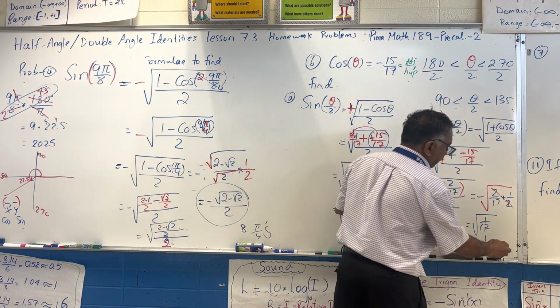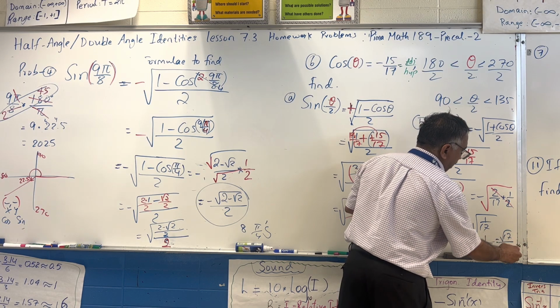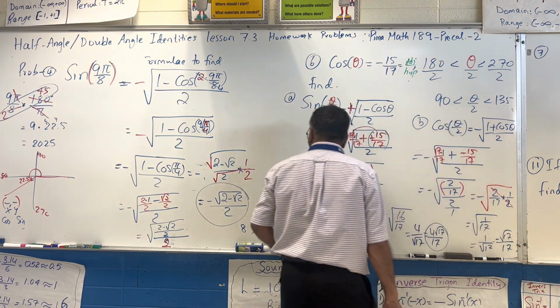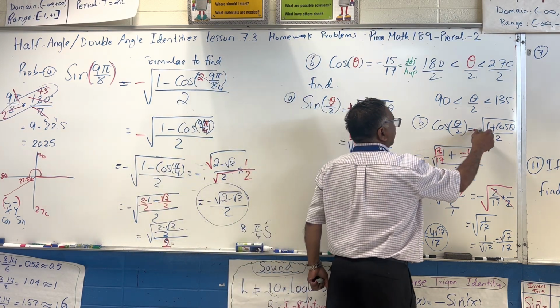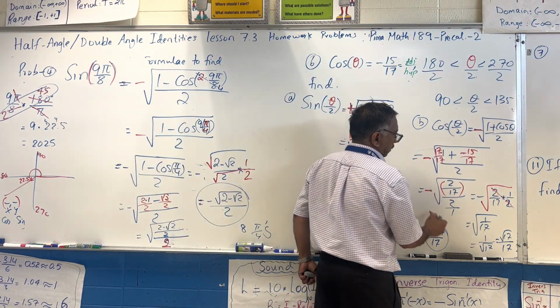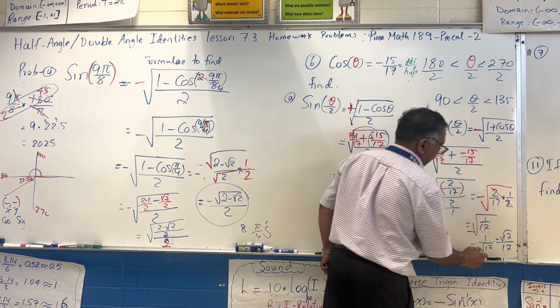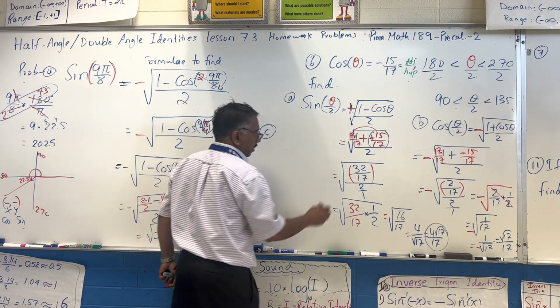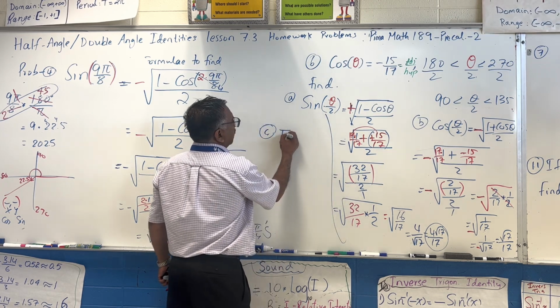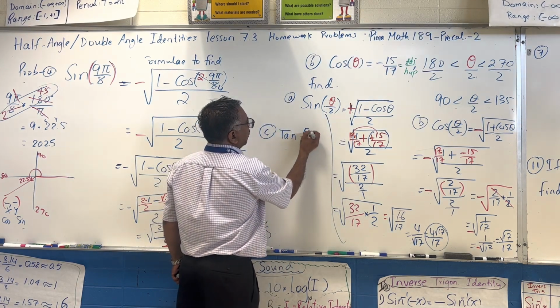And then multiply, which is the same as square root of 17 divided by... Okay, so that takes care of this, and this is a minus sign. And then finally, the C part: what is tan of theta divided by 2?